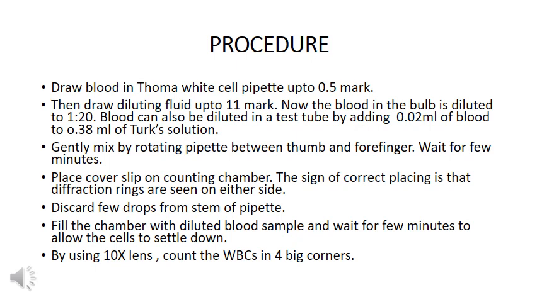We can prepare the dilution outside of the Thoma pipette, in a test tube. To dilute in a test tube, we can take 0.02 milliliter of blood and 0.38 milliliter of Turk solution.